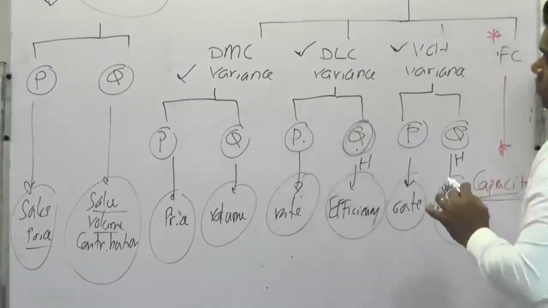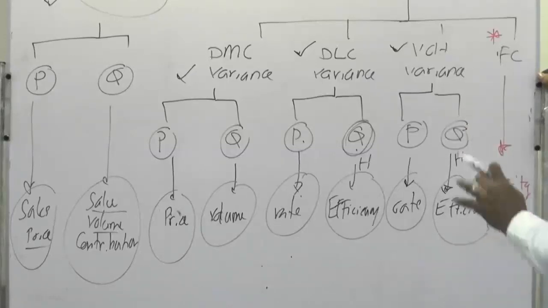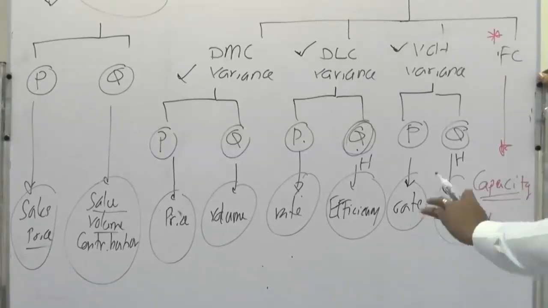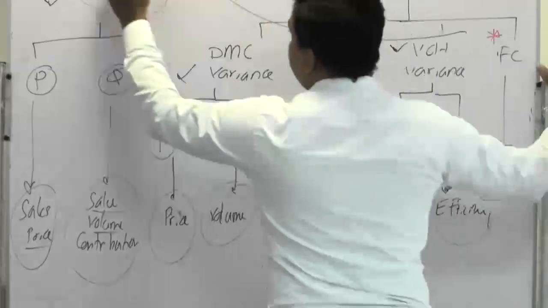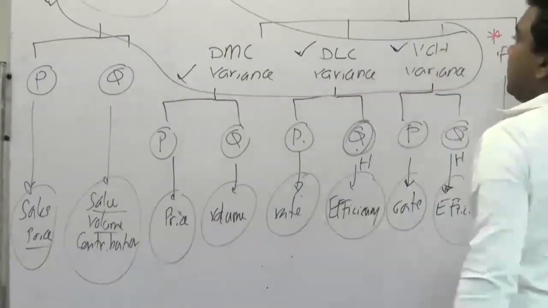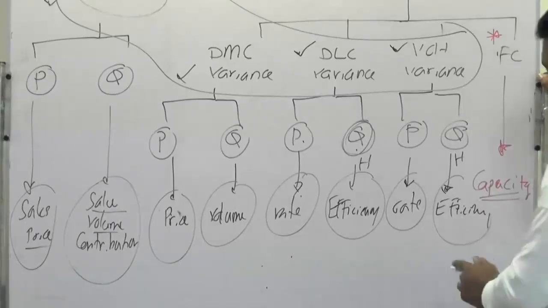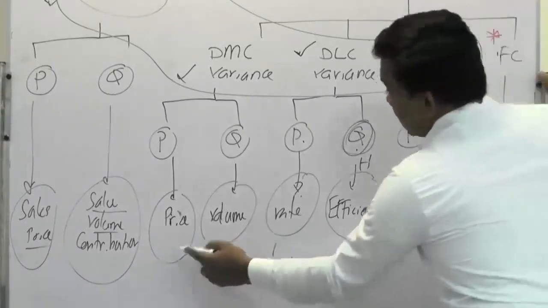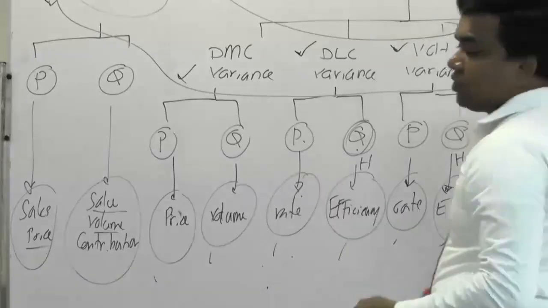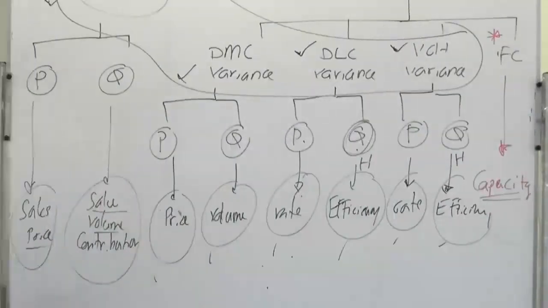The same technique you can use for these variances. Keep this technique in your mind. Basically for all these variances you are using the same technique, the price and quantity variance, but we are using different technical wordings. Okay, let's move into the paper again.